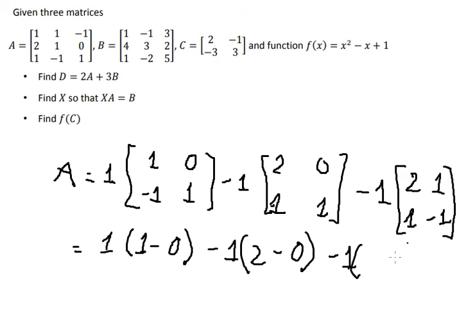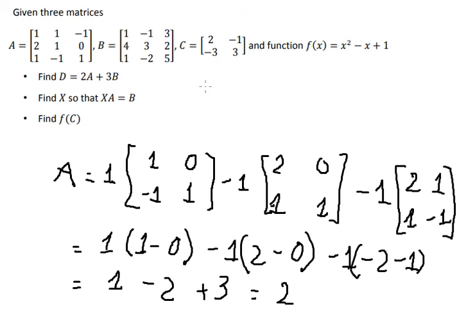We have negative number 2 minus number 1. So we got about 1 minus number 2, negative number 1, negative number 3, positive number 3. So we got about 1 minus 2 plus 3. You got about 2. Now let's go to the matrix B.